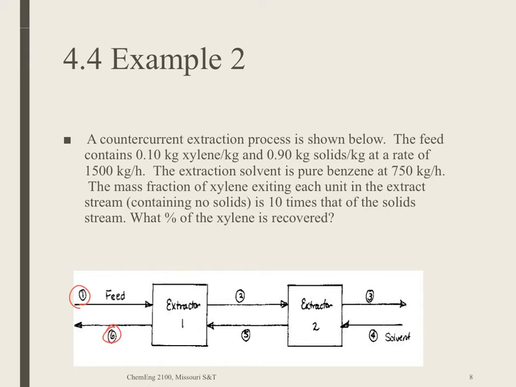In this particular case, the process spec says the mass fraction of xylene exiting each unit in the extract stream, so that's going to be in this stream or this stream, depending on which extractor, will be 10 times greater than that in the solid stream. The solid streams will be these. Okay. So let's see how we can put these together to solve a problem.